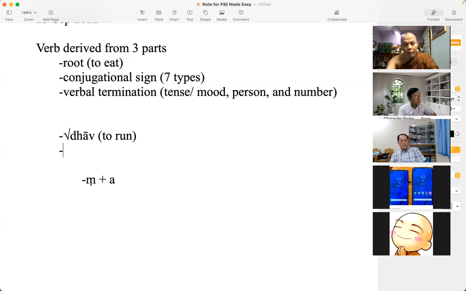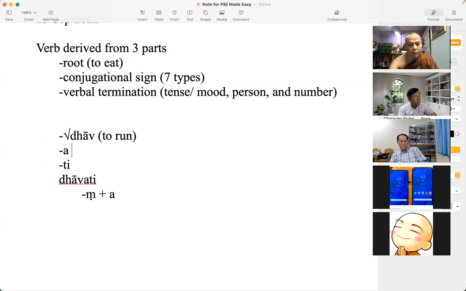Now we will use the a sign. And then the verb termination. Now the verb termination is ti. So now combining these three parts, we have da, wa, and ti.